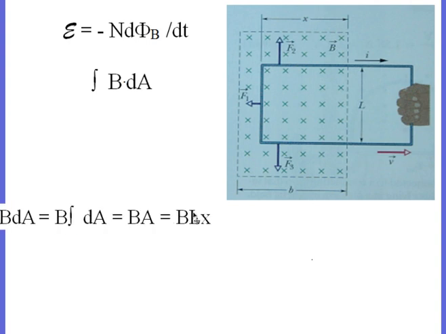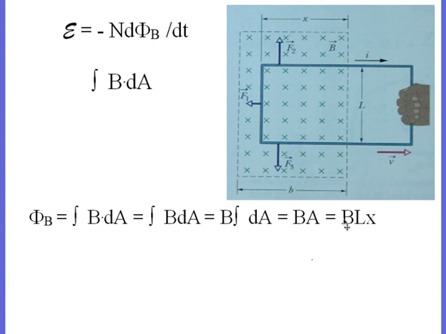But for this particular situation, the flux being equal to this quantity, with B and A always being parallel or anti-parallel to one another, I don't think it matters particularly, but we can just drop the dot. B is constant, I can pull it outside the integral, and so you get this area here times B, but the area is going to be equal to L and this distance here, x.